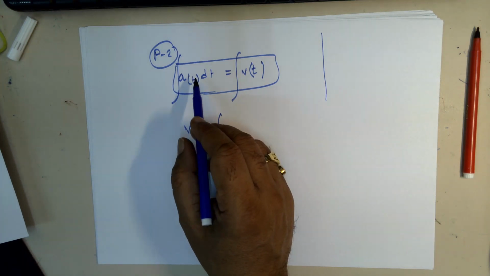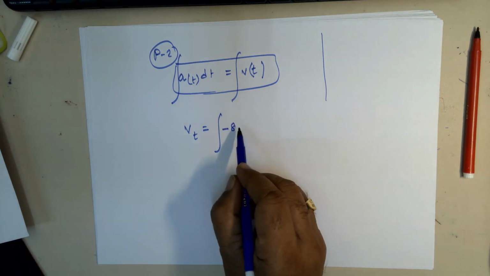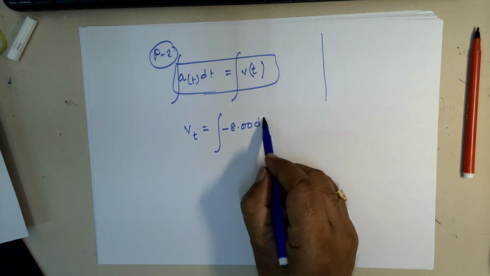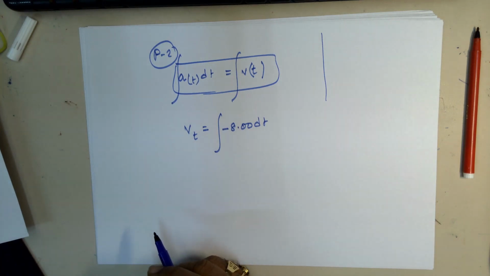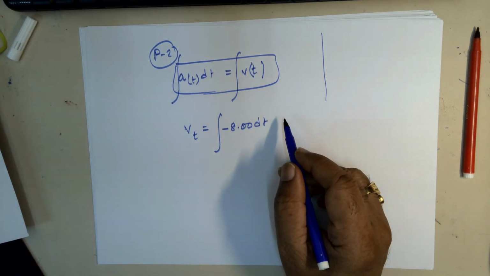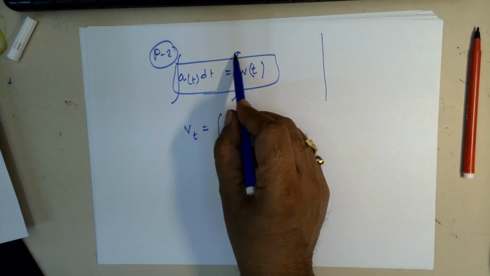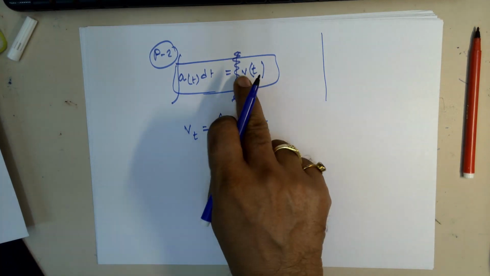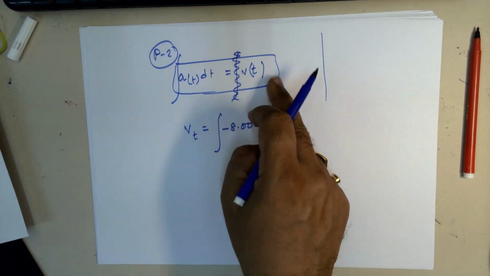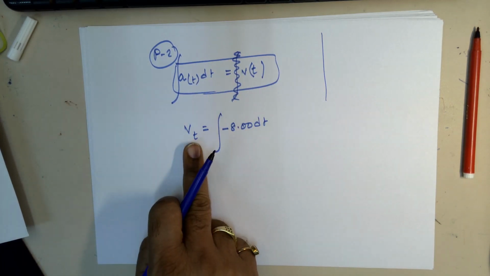What is this acceleration? Minus 8.00 into dt. Actually, I think there is no integration here. V of t is equal to a into dt. No integration on the right side. So I have just taken the reverse, interchanging the RHS and LHS.